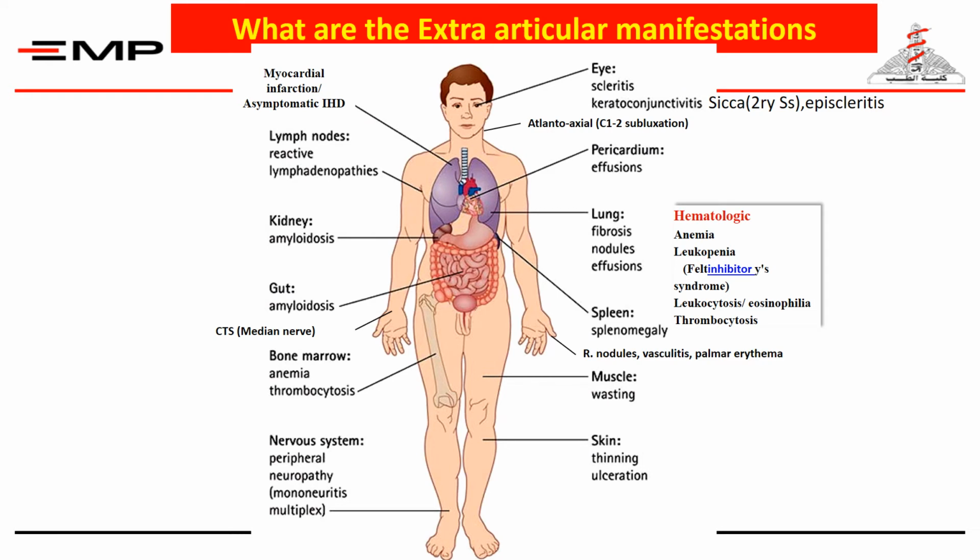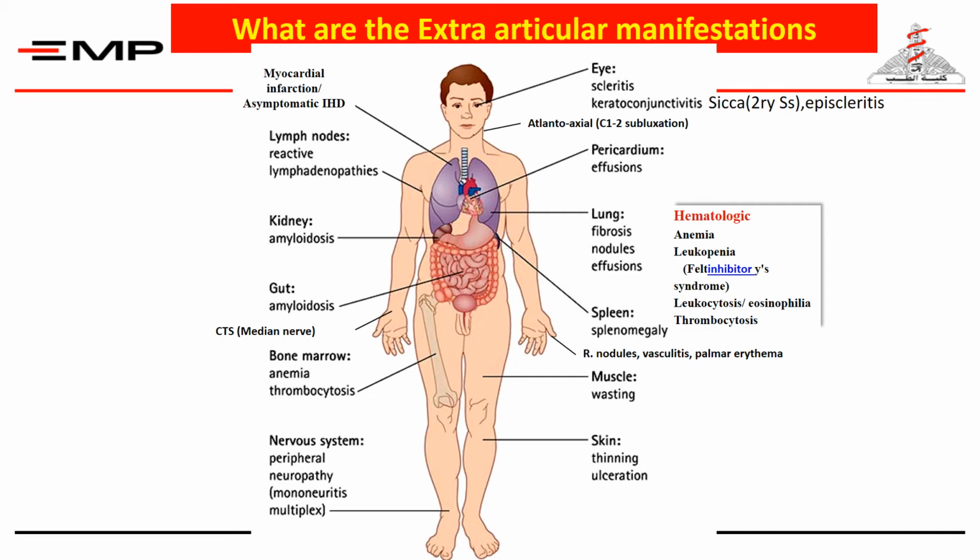What are the extra-articular manifestations of rheumatoid arthritis? If we show these manifestations from up downwards, we can see most of the organs can be affected, starting from the eye. There may be scleritis, conjunctivitis sicca, much dryness of the eyes, and episcleritis also.